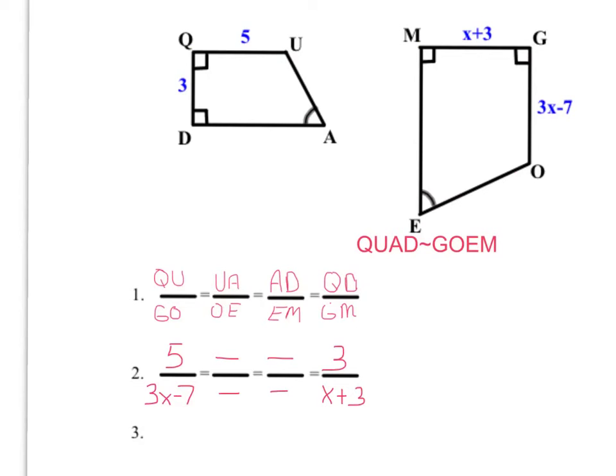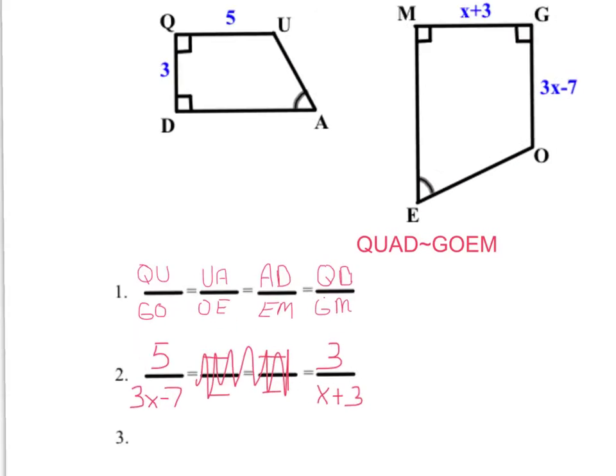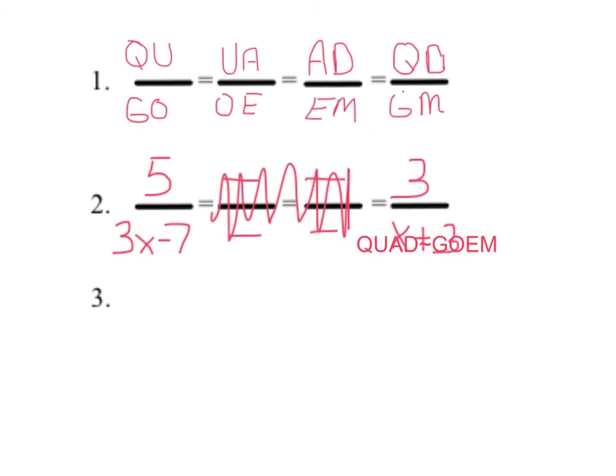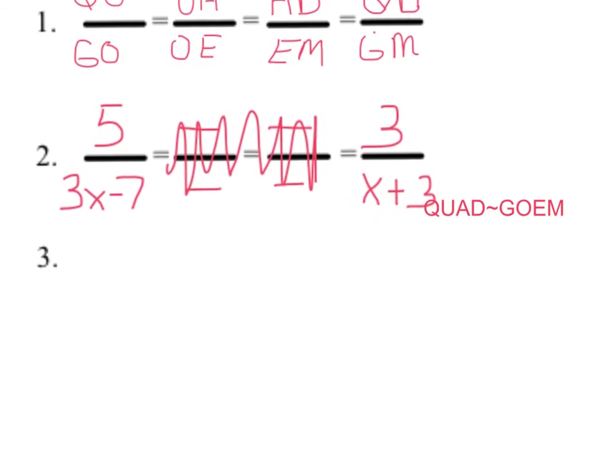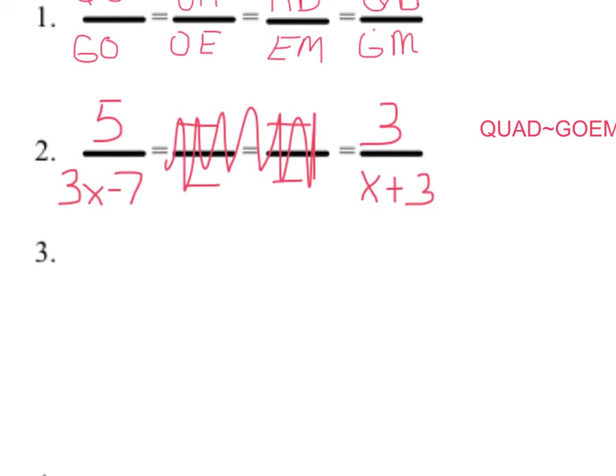We will then use these, not the middle. And we will use those 2 that we have to just cross multiply the same way we did in the first example. I'll make this a little bigger and easier to follow. We will very simply cross multiply our 3 here all the way over for our 3x minus 7, and our 5 all the way over for our x plus 3.